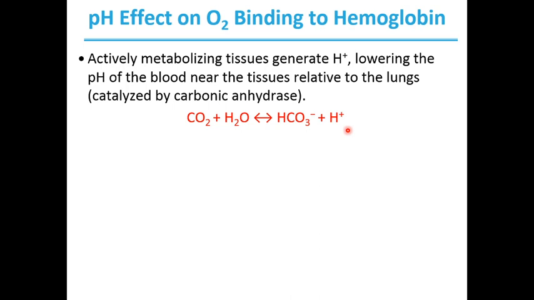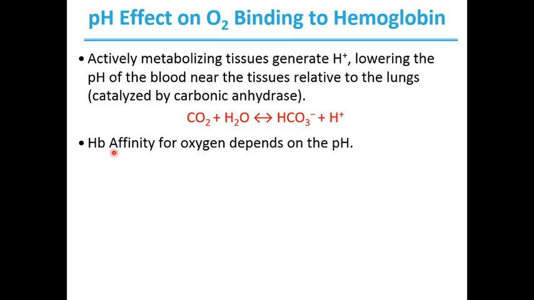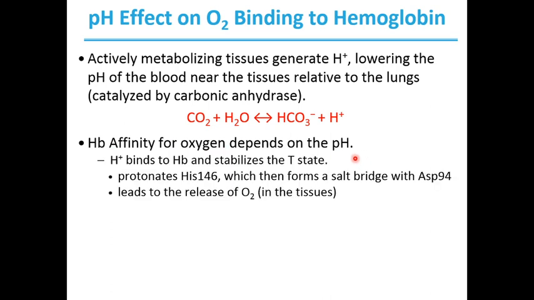The binding of oxygen by hemoglobin is profoundly influenced by pH and carbon dioxide concentration. The binding affinity of hemoglobin for oxygen depends on the pH. H+ binds to hemoglobin and stabilizes the T state.